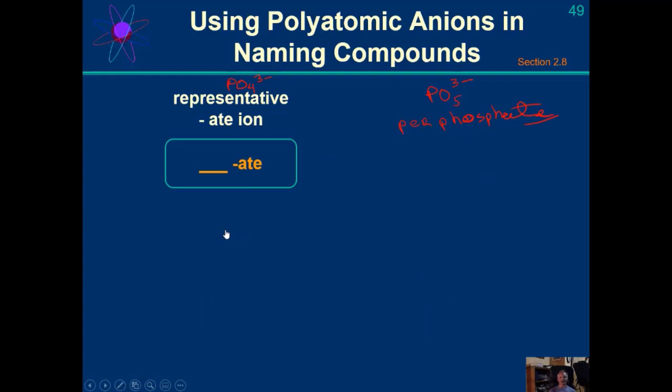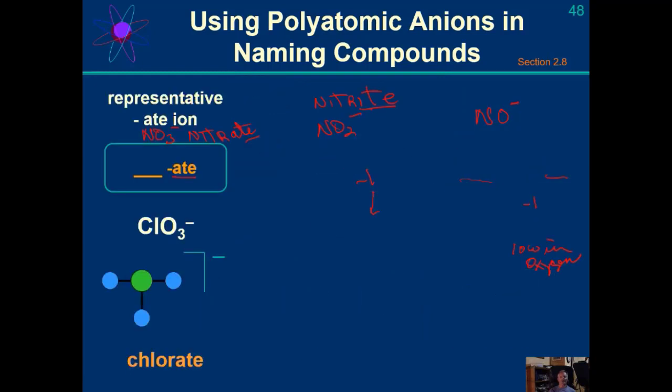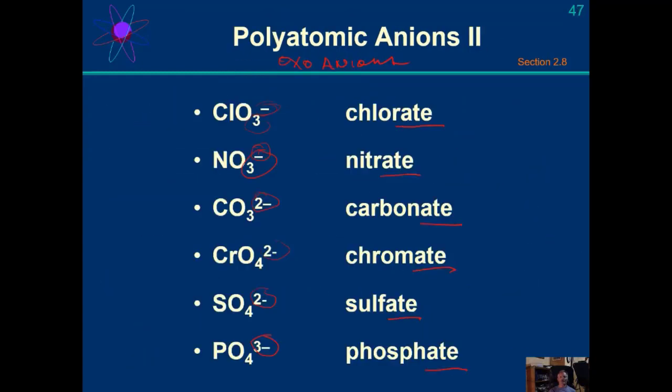So I'm going to take us back very quickly and take a look at your polyatomic ions. That's why you need to know that chlorate is ClO3, nitrate is NO3, and it's got a -1 charge. Carbonate is CO3 with a 2- charge. Okay, and then chromate, CrO4 with a 2- charge. Sulfate.